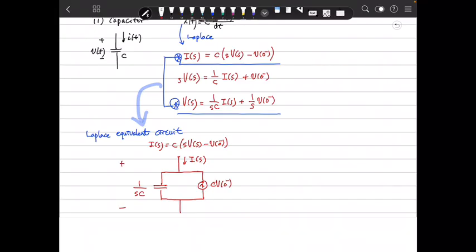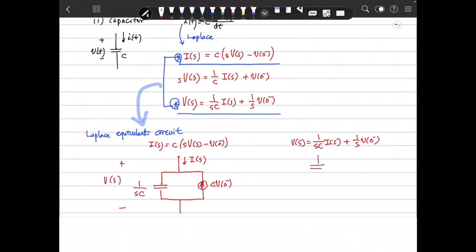And the voltage defined in here is Vs. So this is one model of capacitor in the Laplace transform. And the second thing is Vs was 1 over SC times Is plus 1 over S times the initial value of v.